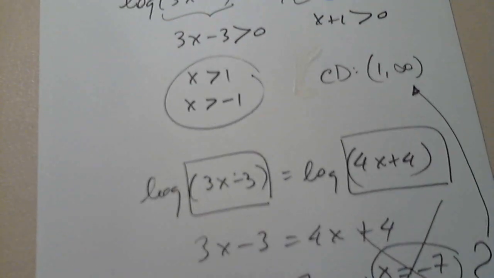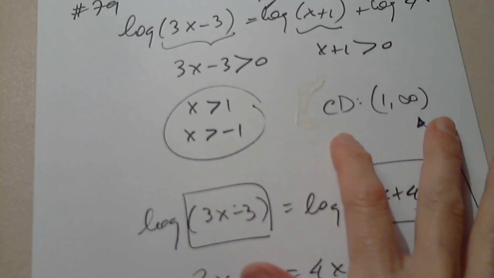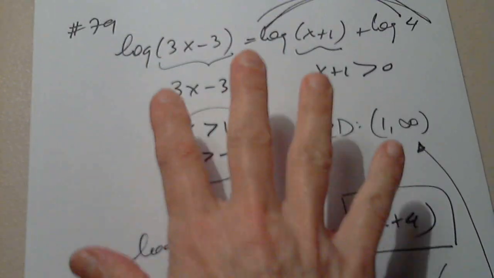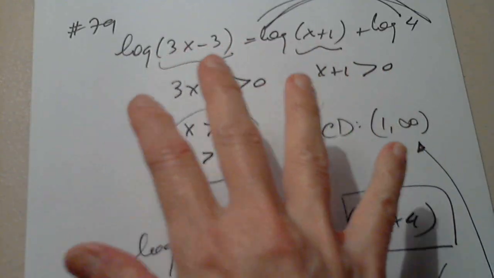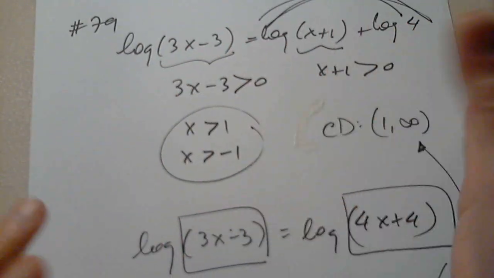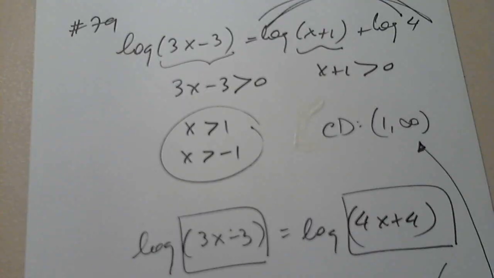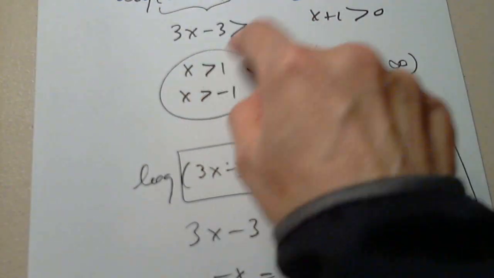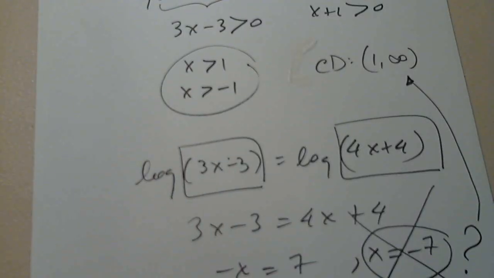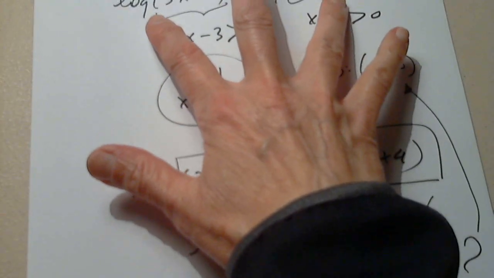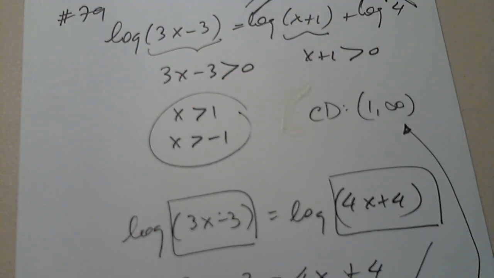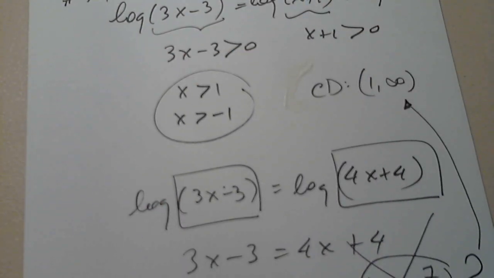If you remember, you either state the common domain or find the common domain where they overlap if there is more than one log. If there is only one log, then you have nothing to worry about, just one log, one domain. Here I had two options, one for here, one for here, but I have to find a common domain. Both have to exist, not just this or that. Both have to exist at the same time.